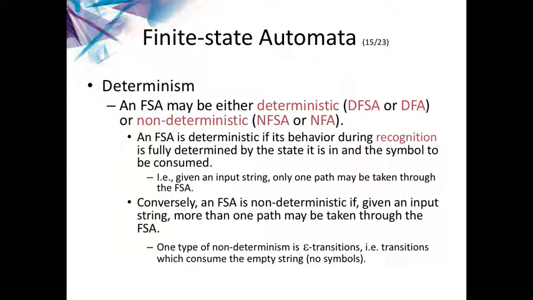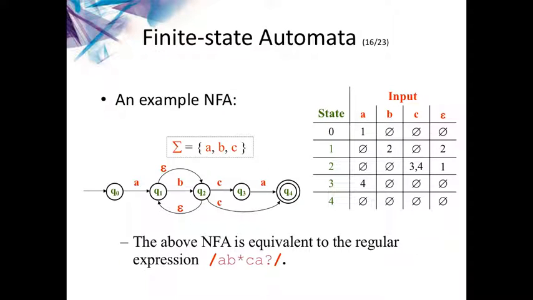Now, what is the difference between deterministic finite state automata and non-deterministic finite state automata? The answer is very clear. If you have a certain state, and this state gets a few outputs out of it, if for every token that is being fed to the machine, you know exactly where you will be landing, then this is deterministic.